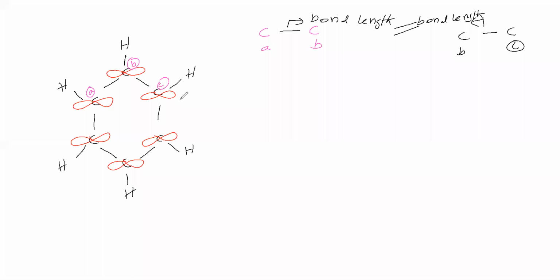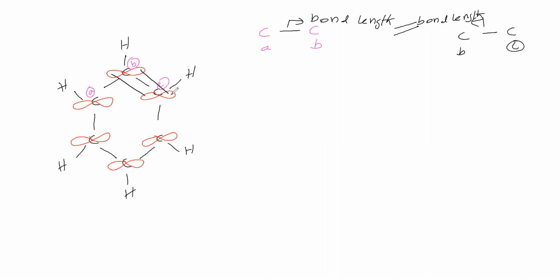It is an experimental fact. That means the distance between these two carbon atoms and these two carbon atoms is the same. Therefore, this p orbital is overlapping with this p orbital laterally. This p orbital above lobe and this p orbital above lobe overlap laterally.